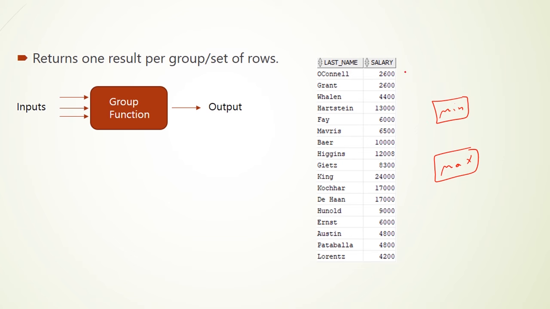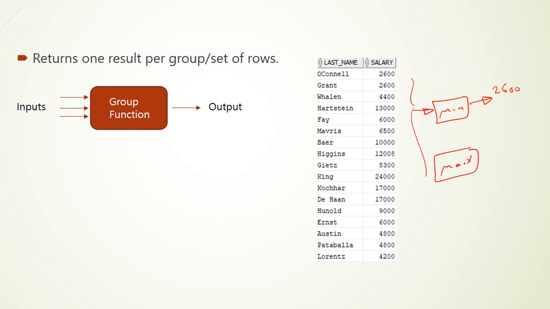The input for the minimum salary is this list, which is all employees from this sample of data, and the output is only one value, which is the minimum salary, which is 2,600.